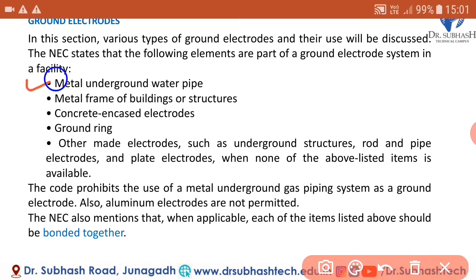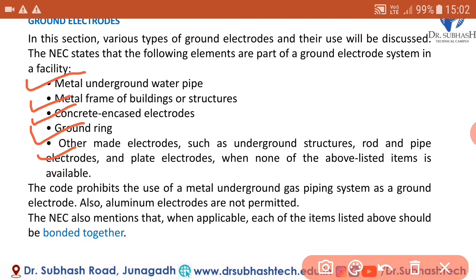First one is metal underground water pipe, then metal frame of buildings or structures, concrete encased electrodes, then ground rings, other made electrodes such as underground structures, rod and pipe electrodes, and plate electrodes when none of the above listed items is available.